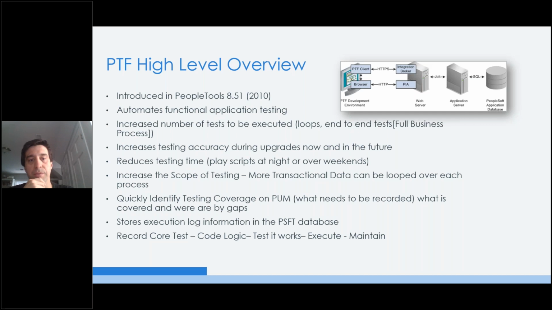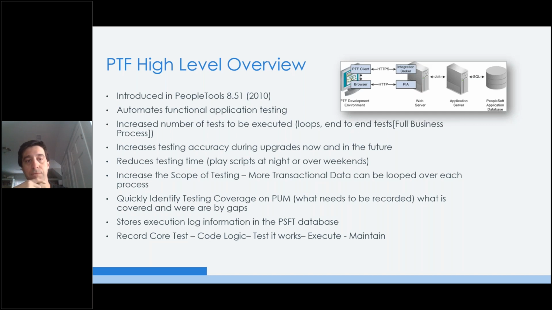On accuracy, automation again equals consistency, so the way that it performs the testing during your current PUM update cycle, and how it does the testing in the future PUM update cycle, is going to be consistent. It's going to hit the exact same fields. It's going to run the same processes. Yes, the data might alter, or the users might alter, but the actual physical interactions it's doing are going to stay consistent across those updates, unless you change it, of course.